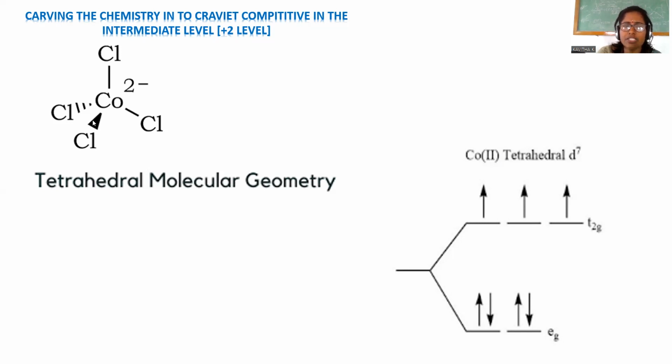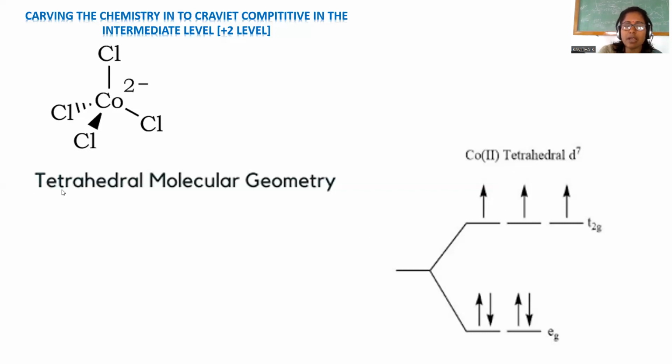And this tetrahedral cobalt has a d7 electronic configuration. Cobalt d7 means cobalt plus 2, that is nothing but 4s2 3d7. If you remove 2 electrons, the 4s electrons will be removed and a d7 electron system will be there.